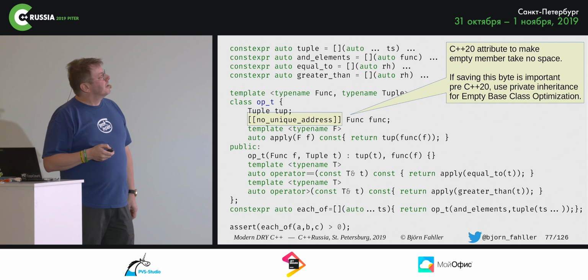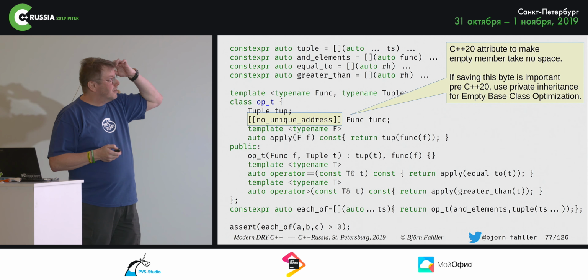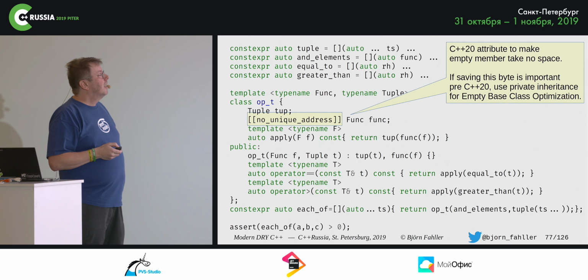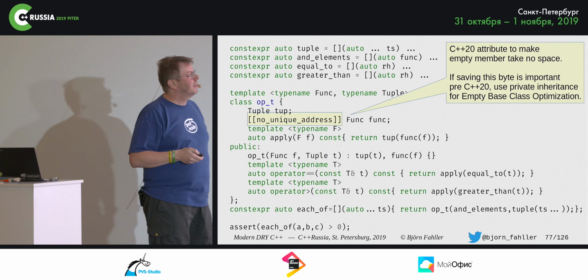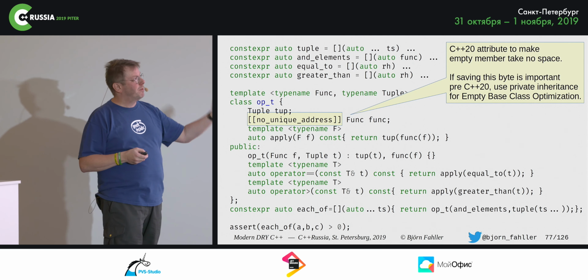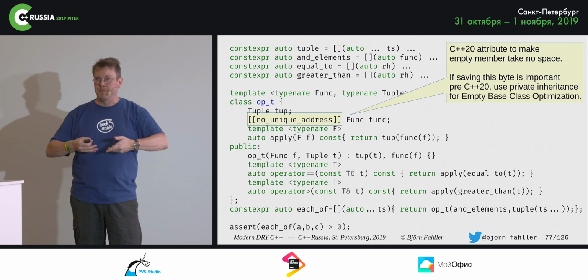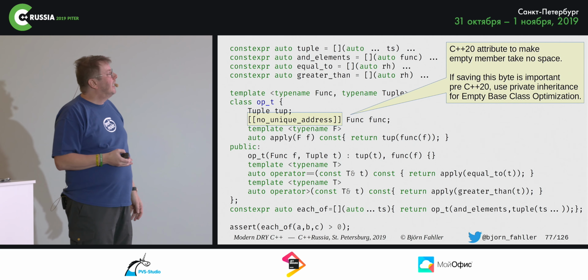Could maybe mention that with C++20 we're probably getting a no unique address attribute. This actually isn't really necessary in this case, but it's a bit wasteful. If, as in these examples, the functions don't have any data members, they shouldn't really take any space.